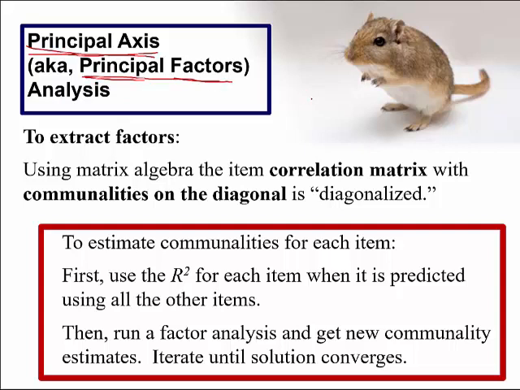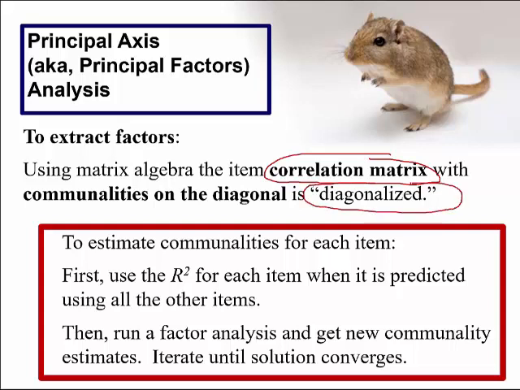They're both an approach to doing factor analysis and probably the most popular approach to doing that. And so to do it, here's how it goes. We're going to start off with a correlation matrix, just as we did with principal components analysis. And we're going to diagonalize that correlation matrix, just as we did with principal components analysis. But we're going to do that with one little tweak.